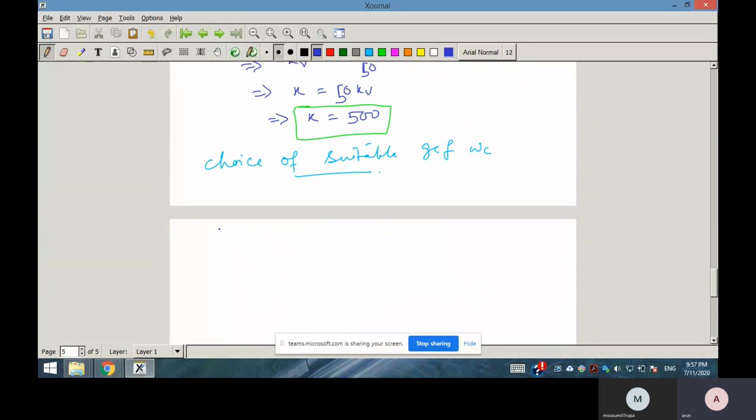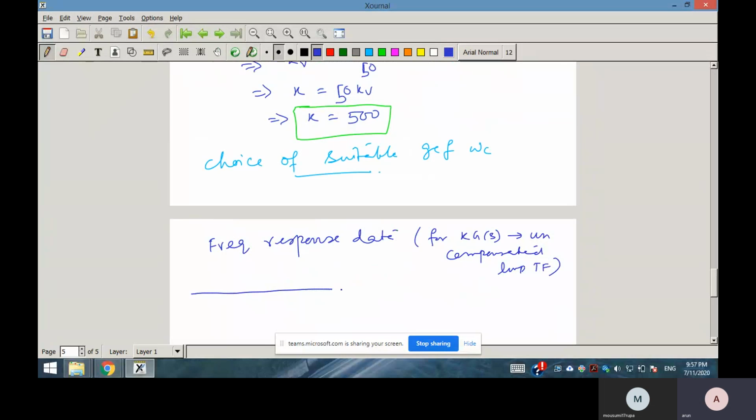So this is the frequency response data for K into G(s), your uncompensated loop transfer function. This is a tabular format I am trying to give.